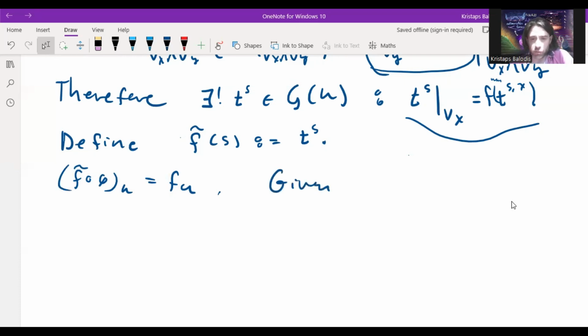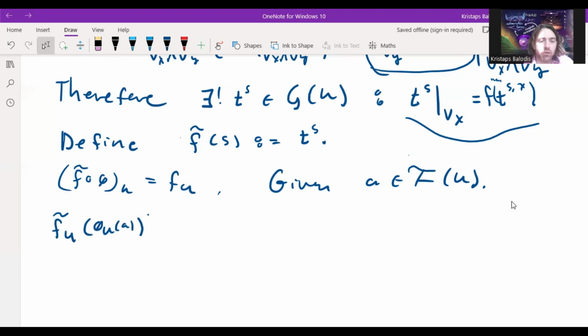So suppose that we had some A over U, right? Well, then I want to know what F tilde U of theta U of A is. And remember that these Vx cover U and G is a sheaf, so it's going to be enough to check those restrictions.